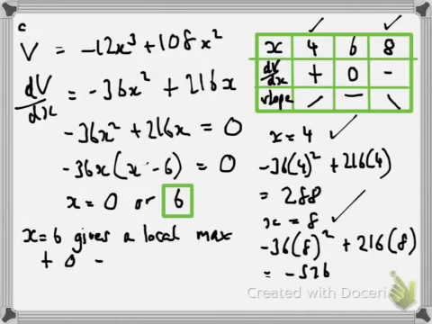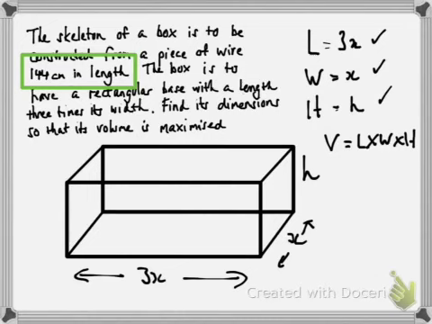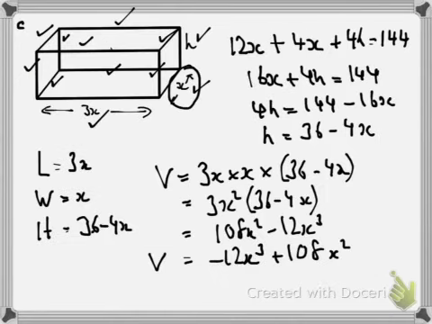Before we go on to the next question, we need to go back to our original dimensions. Remember that length was 3x. Actually, now what I'll do is I'll go over to here, beg your pardon, so just clear a bit of room.